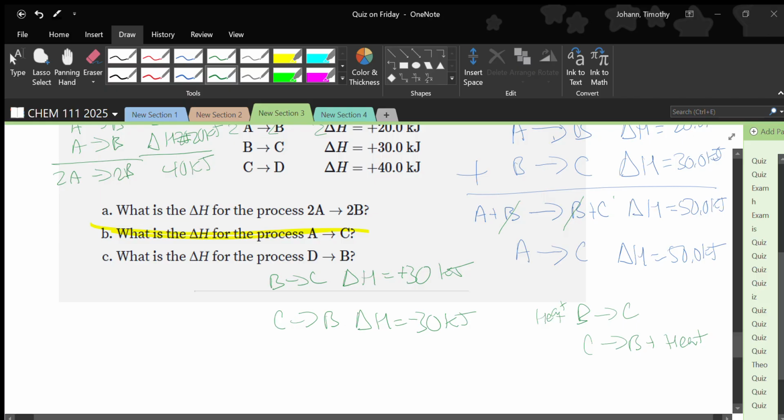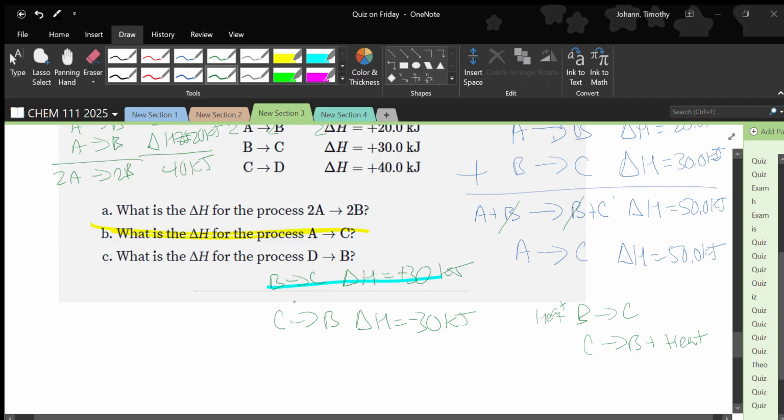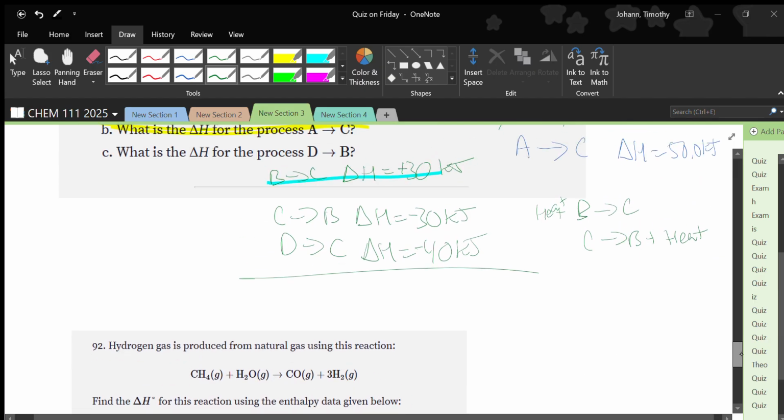All right, I'll put a line through that one. Let's not look at that one. We're going to flip D to C, right? D goes to C, negative 40 kilojoules.